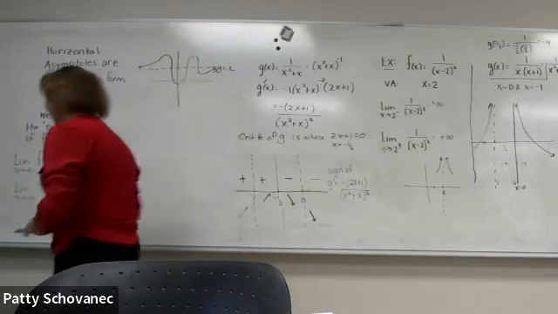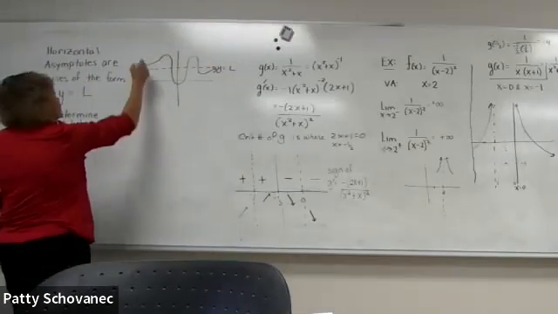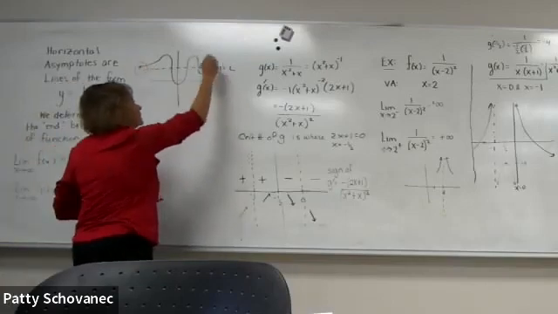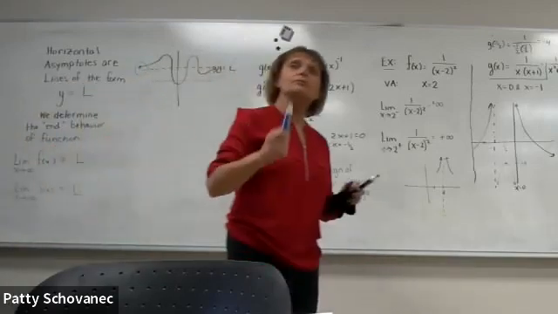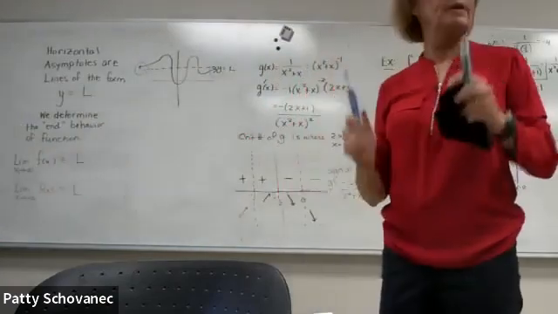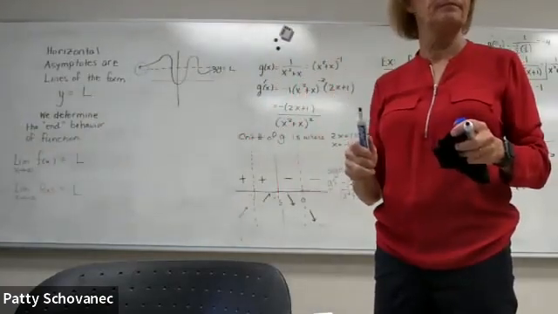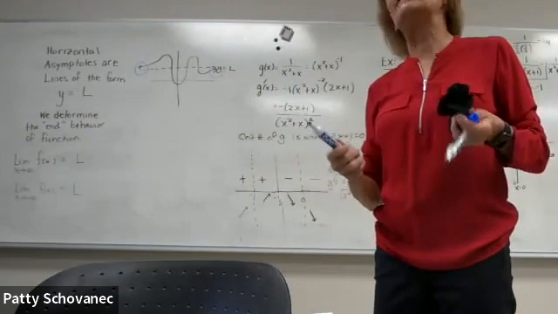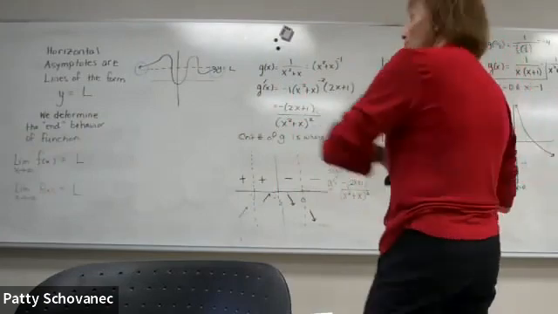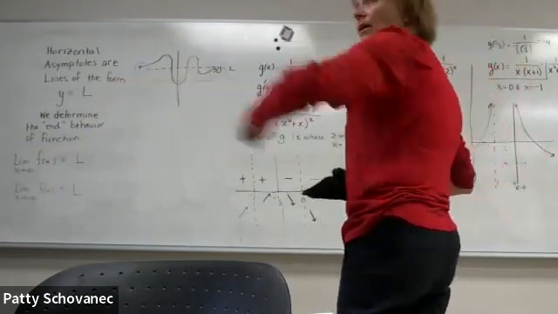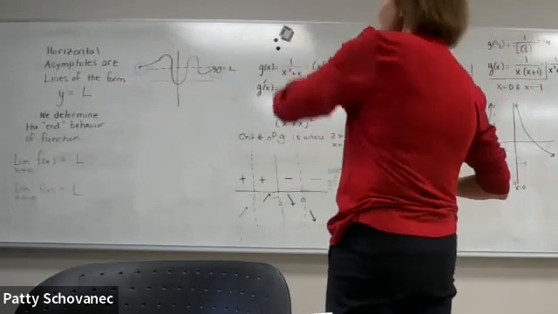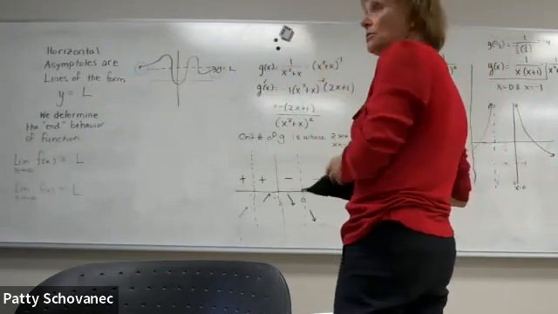But the ends of the graph are bounded by that line. And again, most rational functions would have that kind of behavior. y is equal to e to the x has that kind of behavior as x goes to minus infinity. But most of the time, we're talking about rational functions.